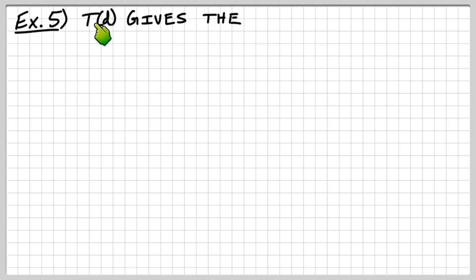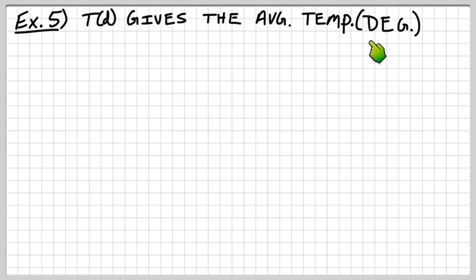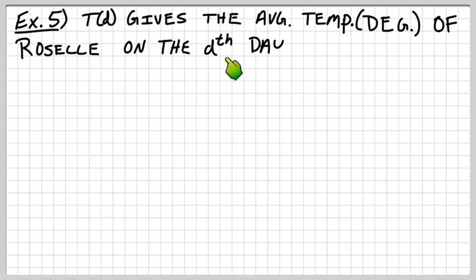Alright, one more example here. It's a bonus example for fun, of course. Example 5. It's a word problem. T of d, T parentheses and the lowercase d, gives the average temperature in degrees of Roselle. So this function gives the average temperature of Roselle on the dth day.